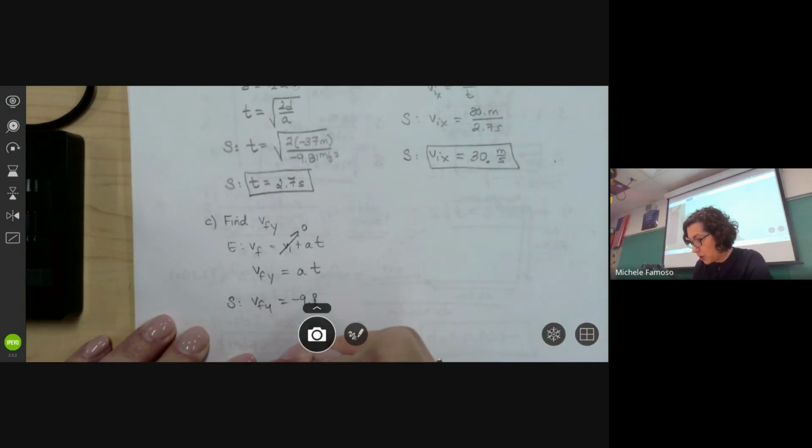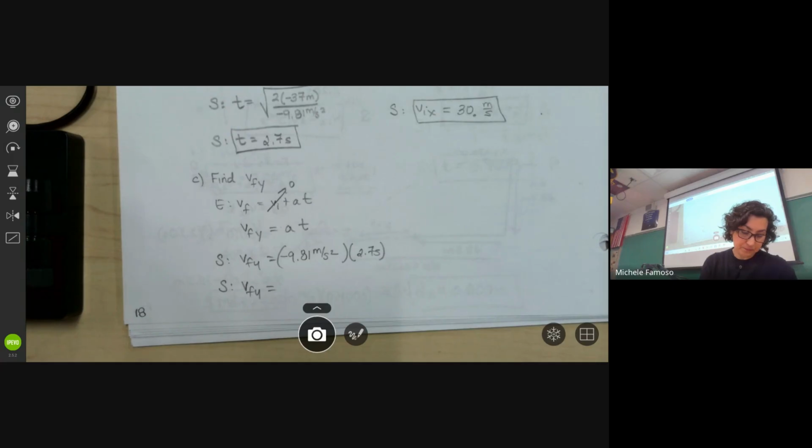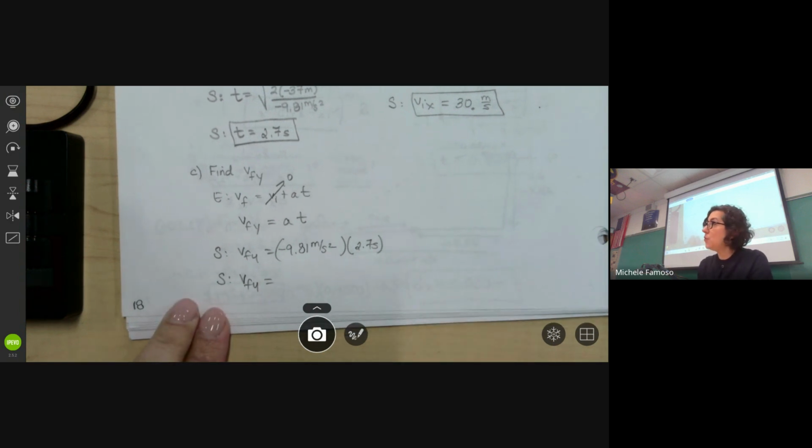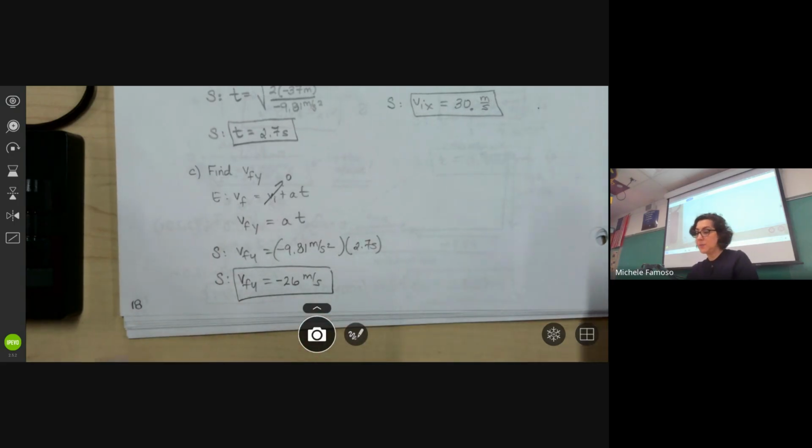We know this is on Earth, so it's negative 9.81 meters per second squared times the time we found, 2.7 seconds. And let's go ahead and solve that. Kara, any idea what that final velocity in the Y is? Okay, Janicia, can you tell me what that final velocity in the Y is, please? Very good. Negative 26 meters per second, and that is the last part of that.